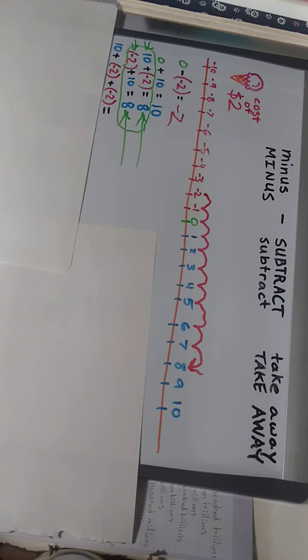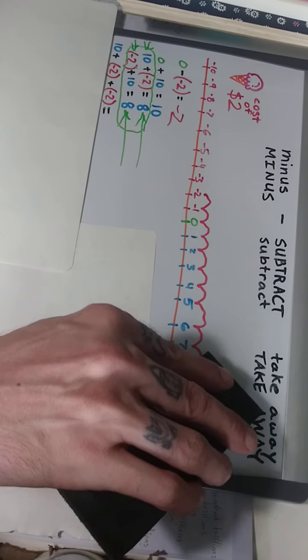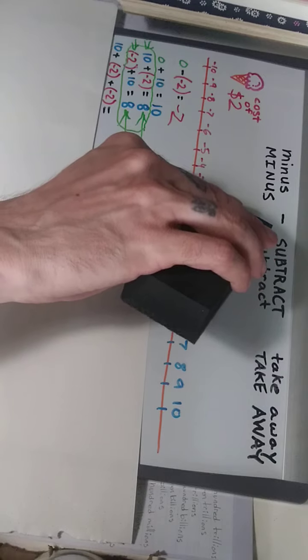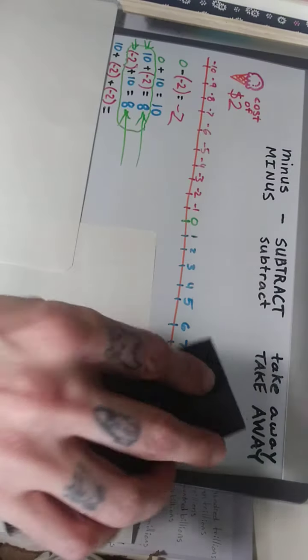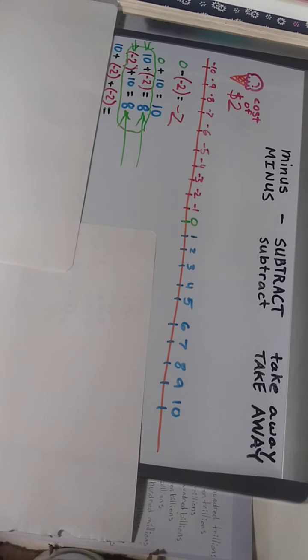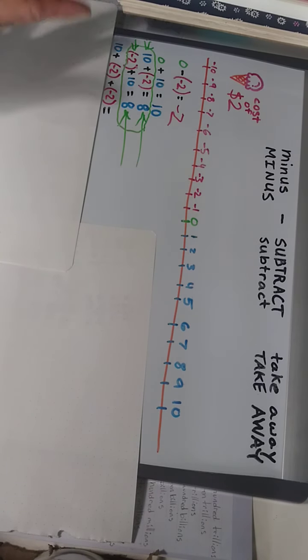So here we have a situation where we want to buy 2 ice creams because we realize the cost is 2. We realize we have $10 and the cost is 2, so we know 2 plus 2 is not more than 10, so we know we can get 2 ice creams, but let's just do the math to make sure.